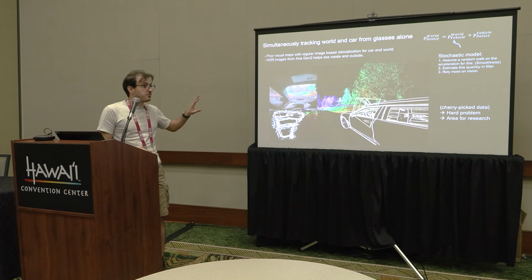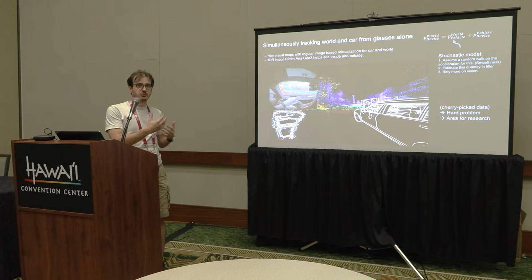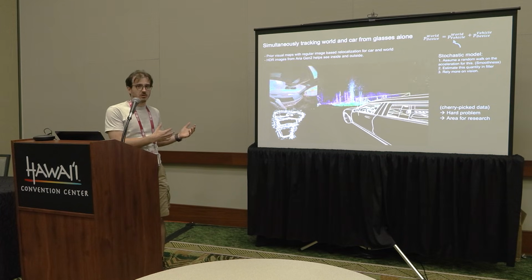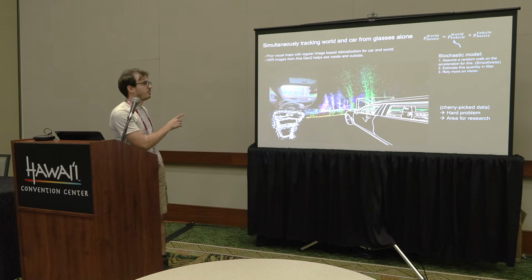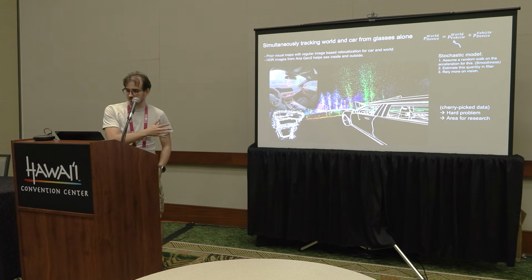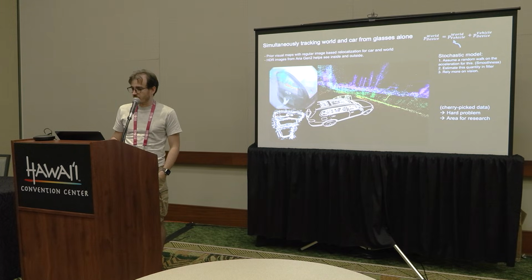And again, there is no explicit segmentation of which point or which part of the image belongs to which. It's only done at a statistical level inside the estimator itself. Again, it's cherry-picked data. It's not something that is solved in general, but it gives you an example of what you can do if you model things correctly.